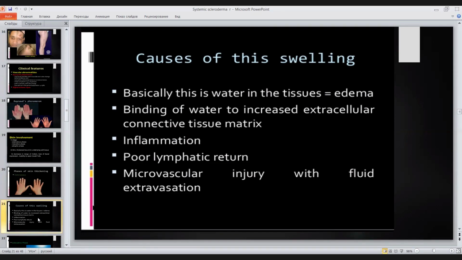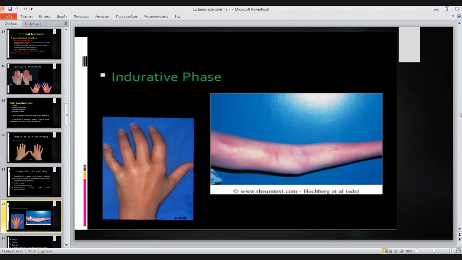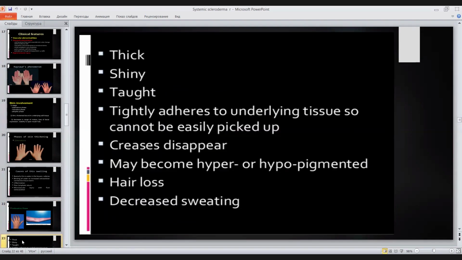Next, the second stage, which is called the indurative phase. The indurative phase is characterized by induration. What does induration mean? The skin is thick, shiny, tight, and cannot be easily picked up like this.